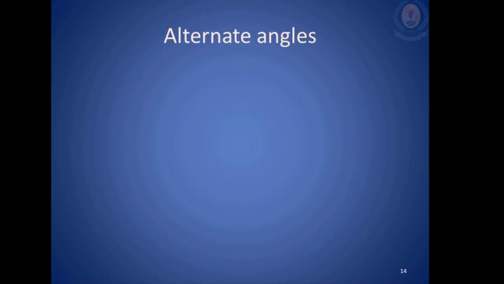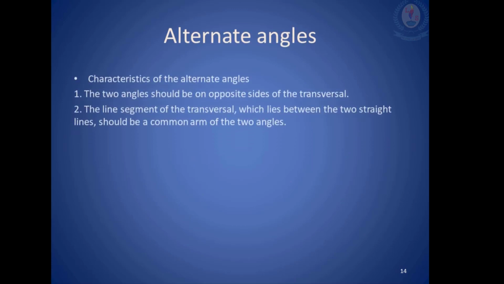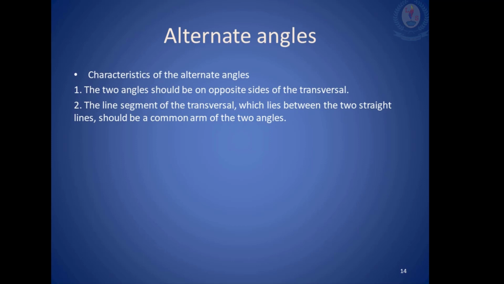Let's see alternate angles. Characteristics of the alternate angles. The two angles should be on opposite sides on the transversal. The line segment of the transversal, which lies between two straight lines, should be a common arm of the two angles.